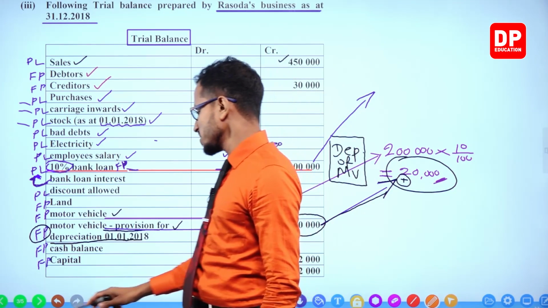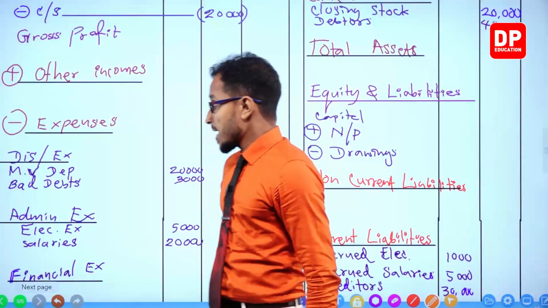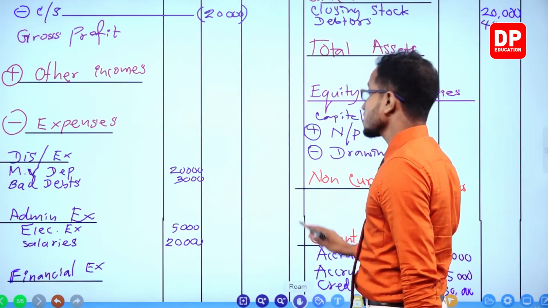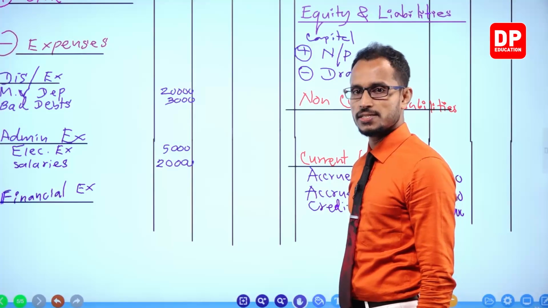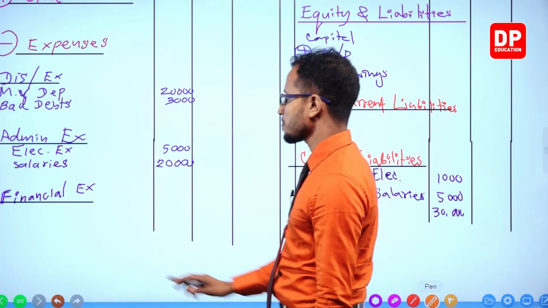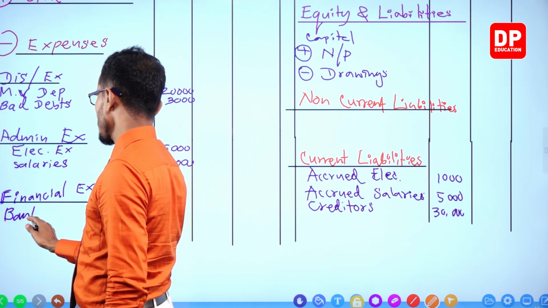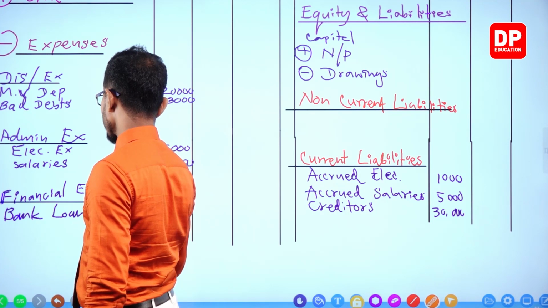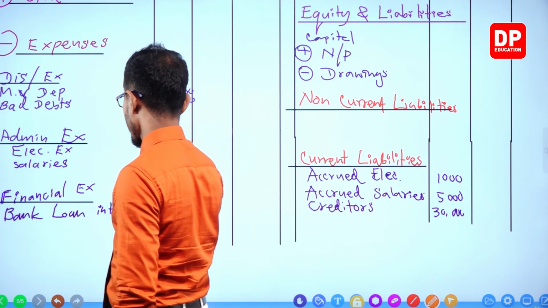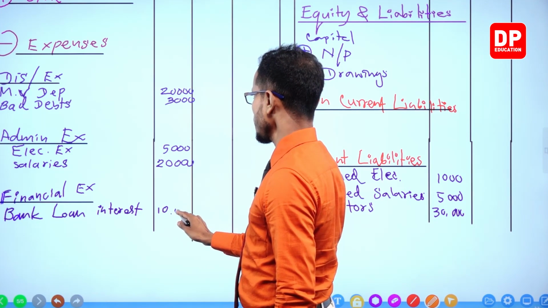That is the bank loan interest. Interest is an expense and it is a financial expense. Let's write it down under financial expenses, bank loan interest. I'm writing down bank loan interest and we calculated 10,000.